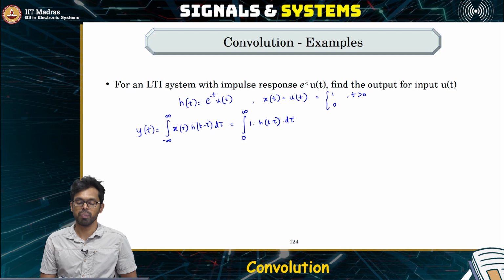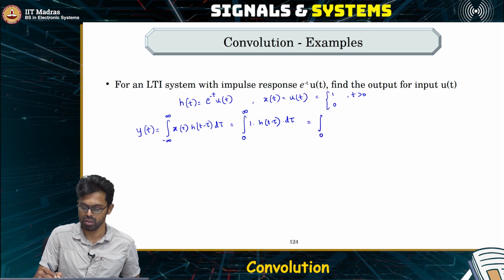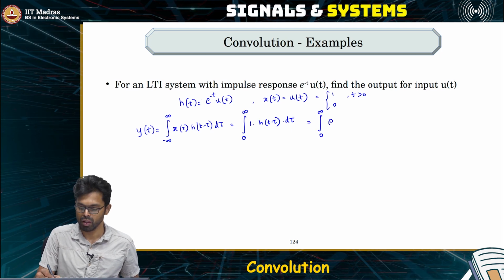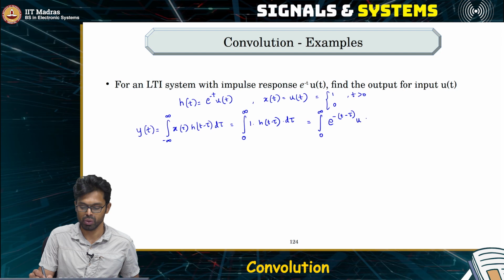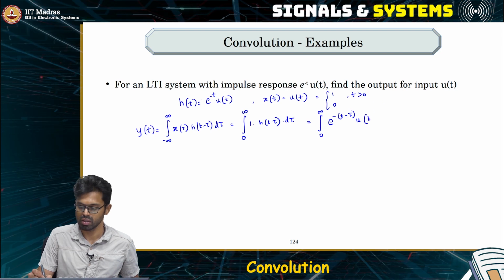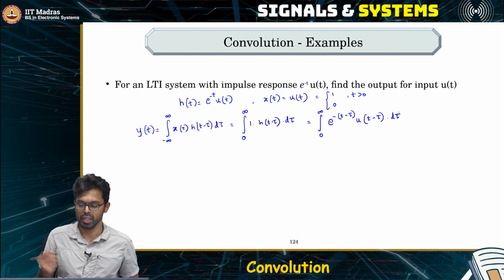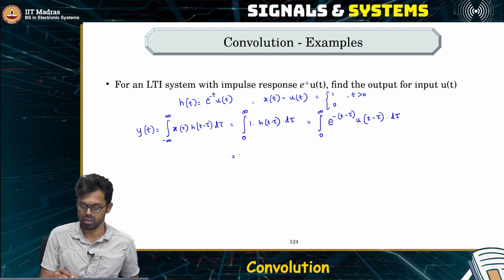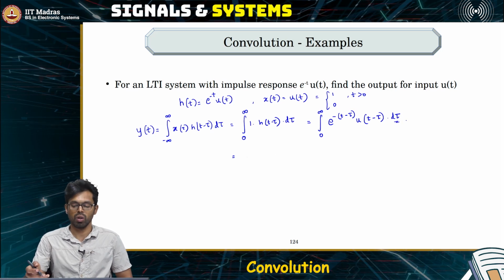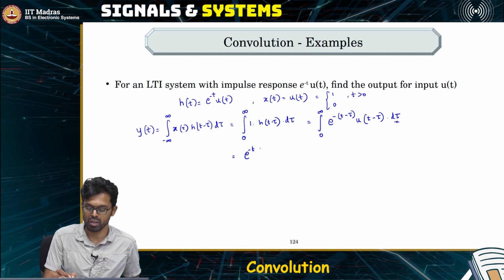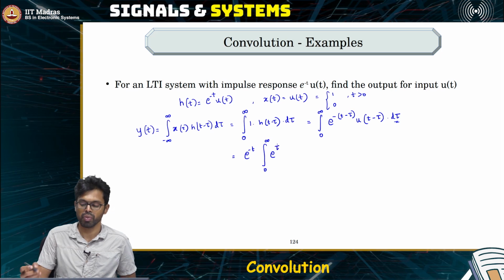Now let's substitute for h of t minus tau, which is nothing but the integral from 0 to infinity of e power minus t minus tau u of t minus tau d tau. Remember the integration is only with respect to tau, which means t is a constant here, and e power minus t comes out, and we are going to integrate only e power tau.